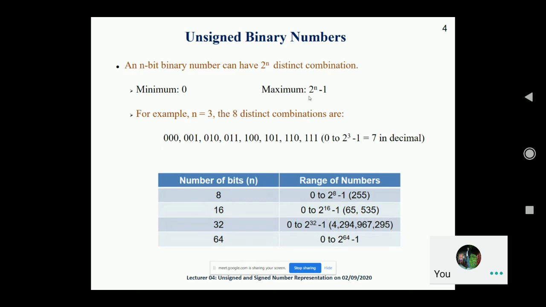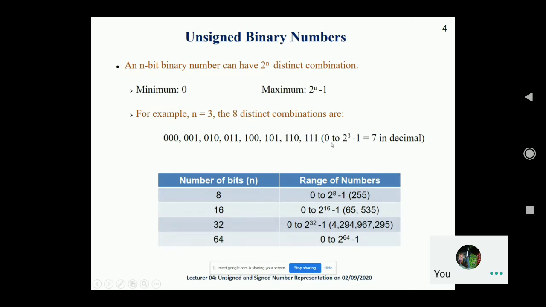Suppose we are assuming that n equal to 3. Based on this, how many distinct combinations are possible? 2 to the power 3 equal to 8. Here the minimum value is 000 and the maximum value is 111.